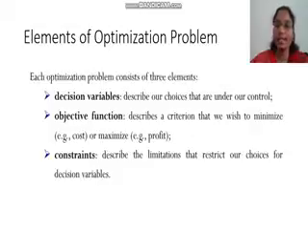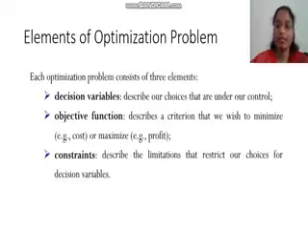This describes the choices that are under our control. For example, if it is scheduling labor, then how many nurses have to be in the morning shift, or how many doctors have to be there. The quantity that the decision makers decide upon is called the decision variable.